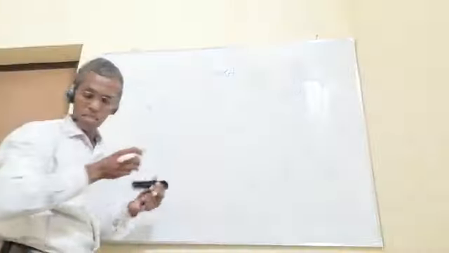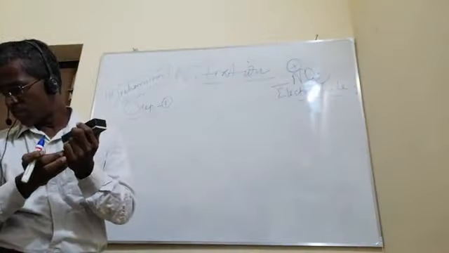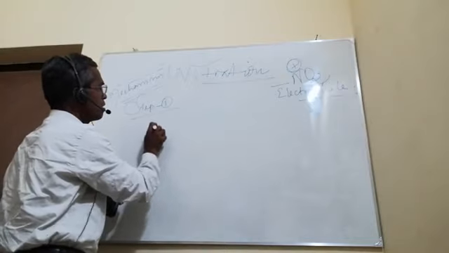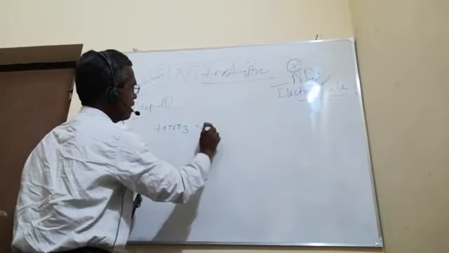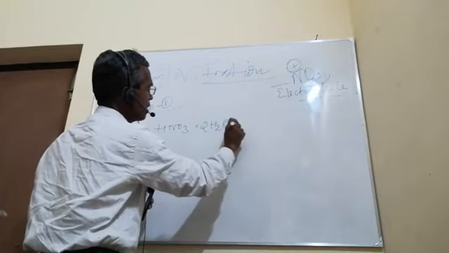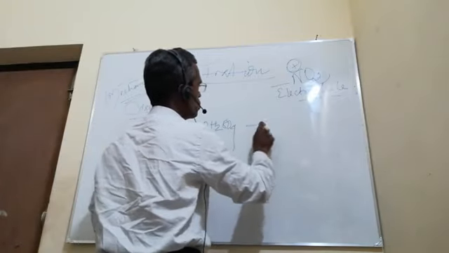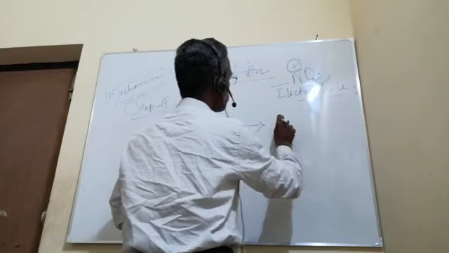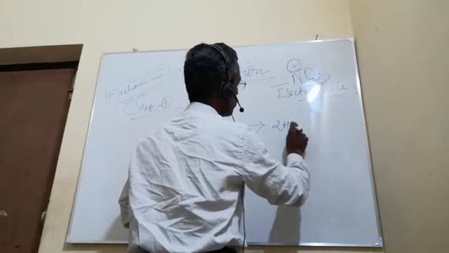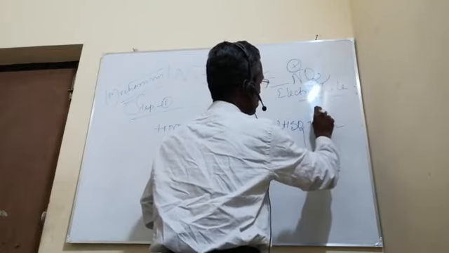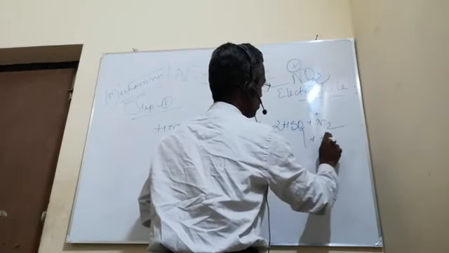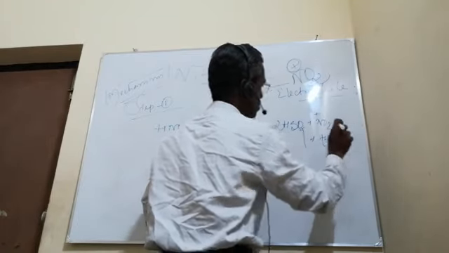Step number 1, as usual, formation of the electrophile takes place. HNO3 plus 2 molecules of sulfuric acid gives you 2 HSO4 minus plus NO2+ plus H3O+.